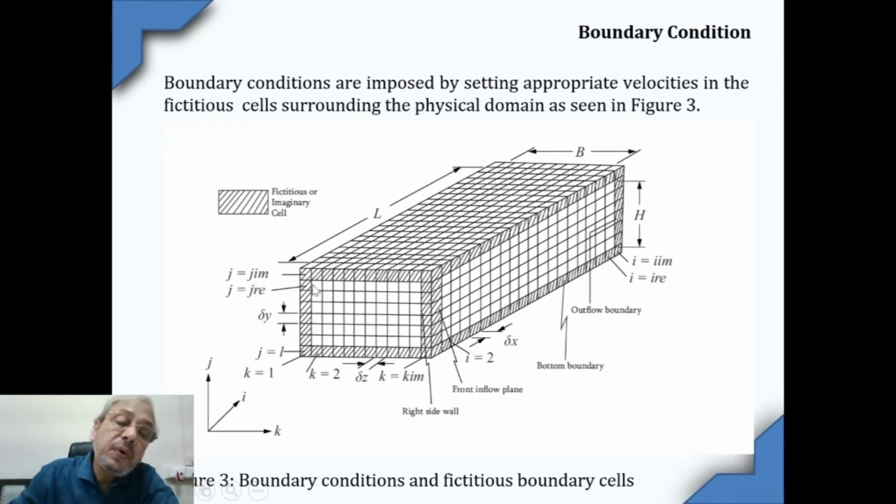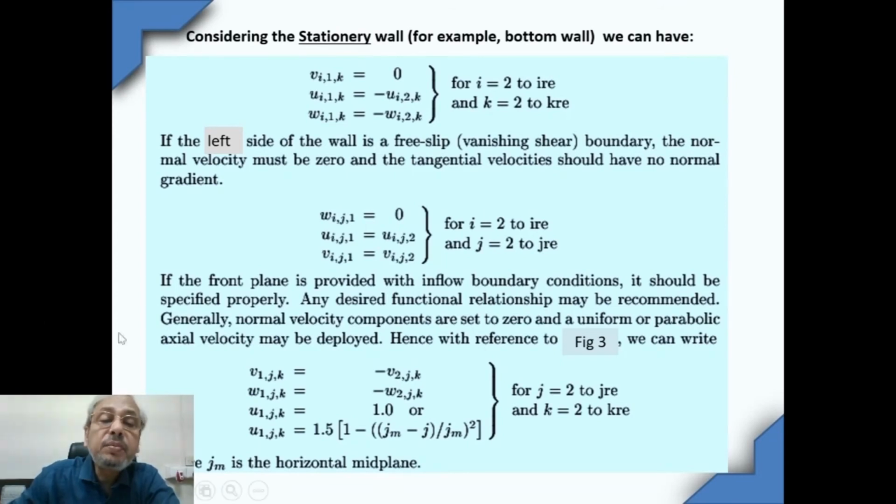Similarly, for example, if we want to define this plane, which is on the left hand side, if we exclude imaginary cells, the plane which we will get on this domain, if we want to define that plane as a free slip wall, then what do we have to do?